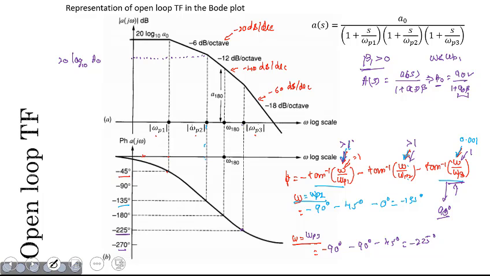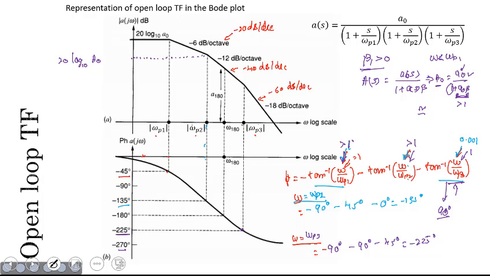Now, if this A naught, the DC gain of the open loop system, is so large, what happens to this entire term that we have here? It's obvious this is going to have a value that is much greater than 1, due to which when we compare A naught times beta with respect to 1, we can neglect the 1 over here.